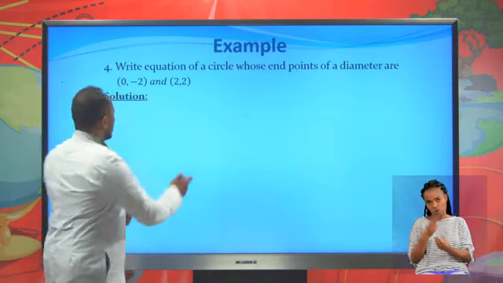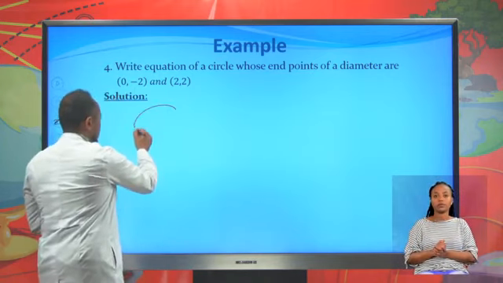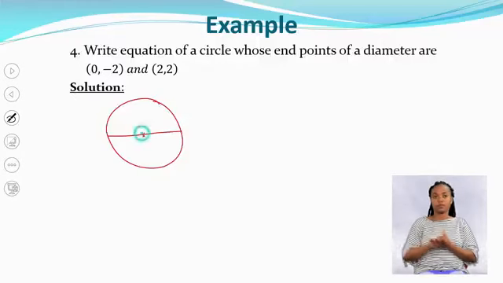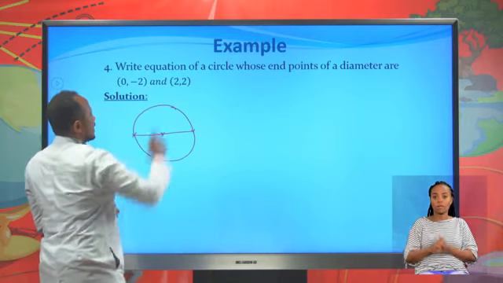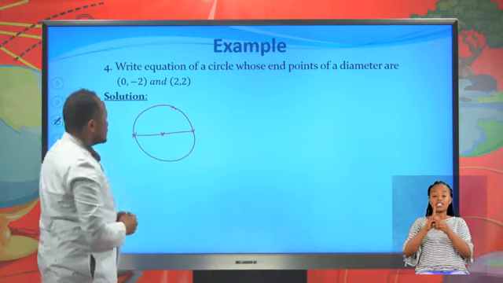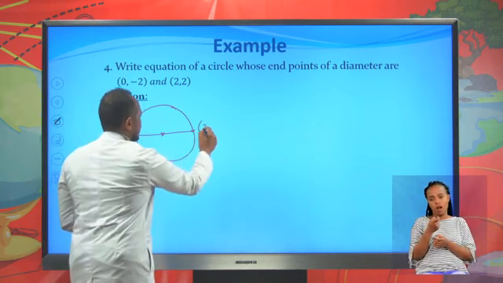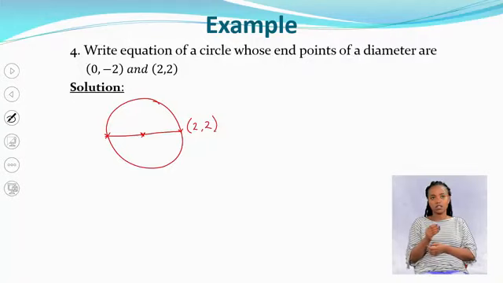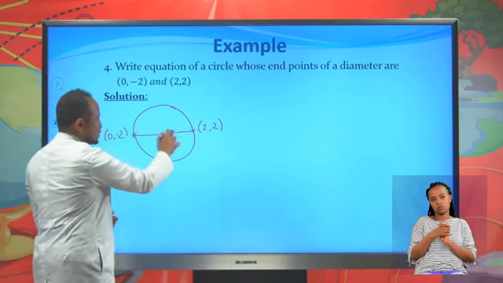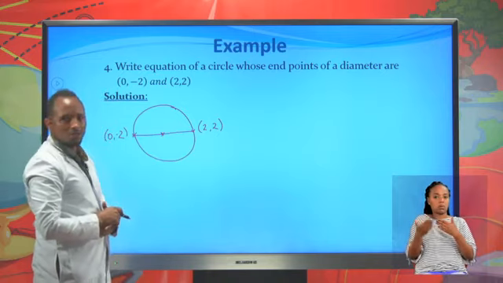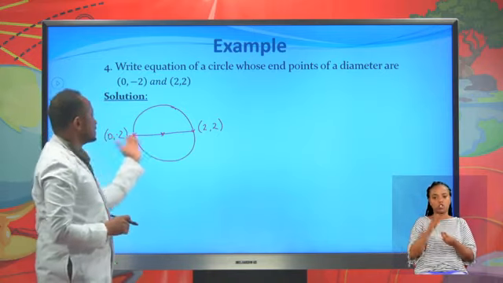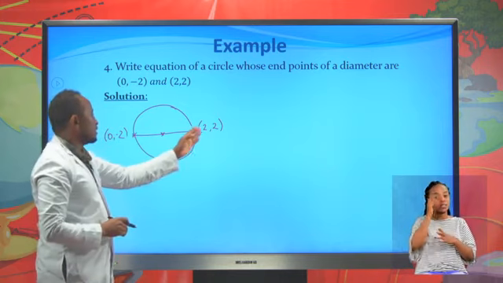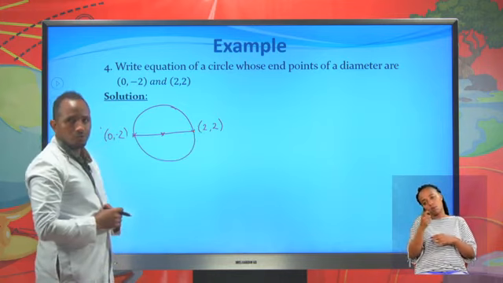Look, the endpoints of the diameter are given: (2, 2) and (0, negative 2). This is a rough sketch, I'm not simply considering the coordinates. Assume the endpoints of the diameter, one is (2, 2), the other is (0, negative 2).